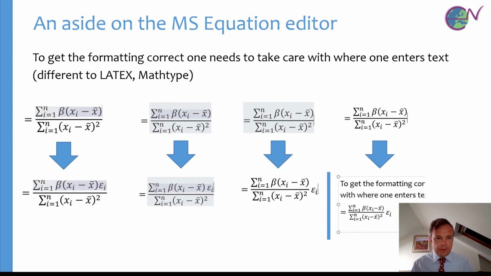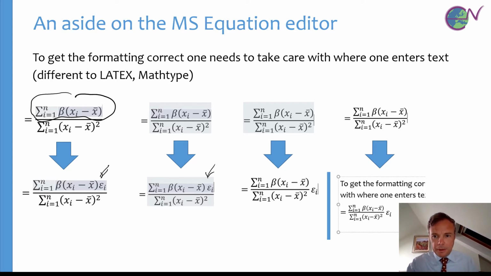For example, when typing in some of these formulae, depending on which parts of the formulae are highlighted grey, if I were then to add the epsilon i, it would appear in different places. Here it appears within the summation sign. Here there is a gap so that it appears outside the summation sign.